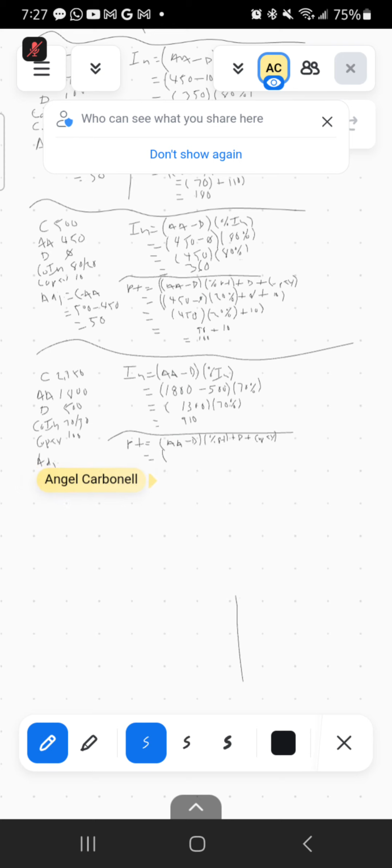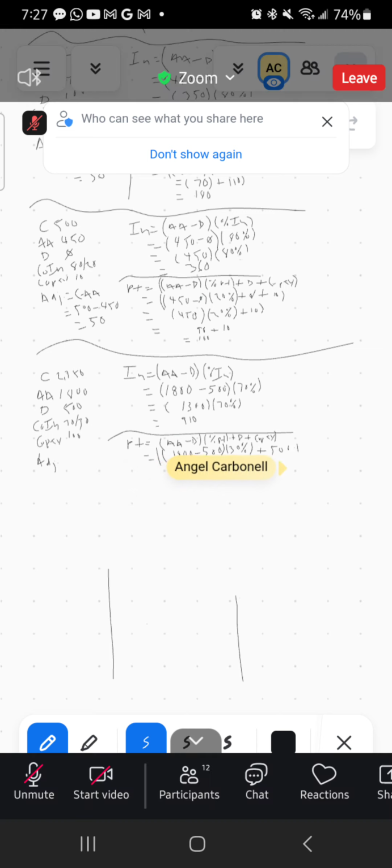If you get it right, you put $1,800 minus $500 times the percentage for the patient that we already determined was 30. Then to all of that, we're going to add deductible, that was $500, and then we're going to add a co-payment of $100.